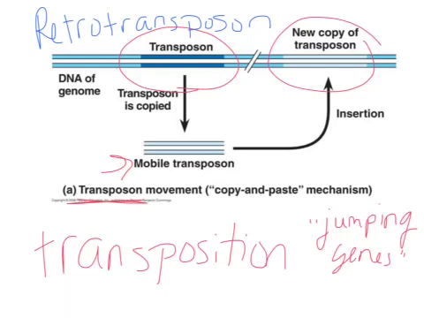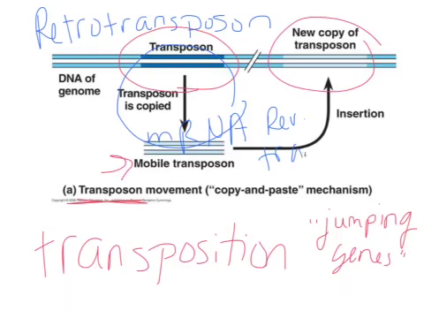So instead of making a DNA copy, like what happened here, transcription would actually happen, and this would be an RNA. For a retrotransposon, it would take this DNA into RNA, and then the reverse transcriptase would transcribe it back into DNA, and so then it can be inserted somewhere else along the genome.